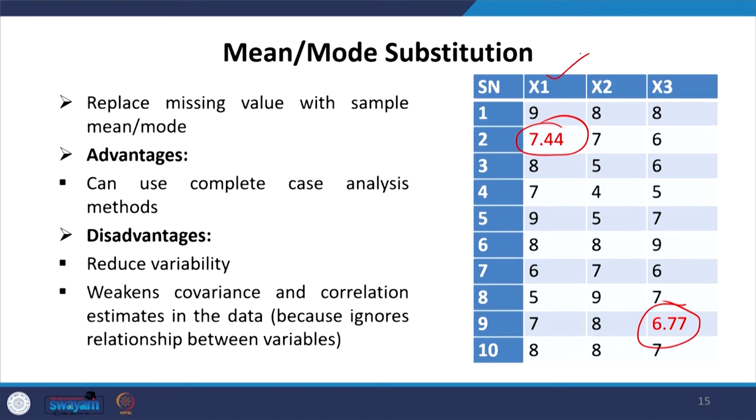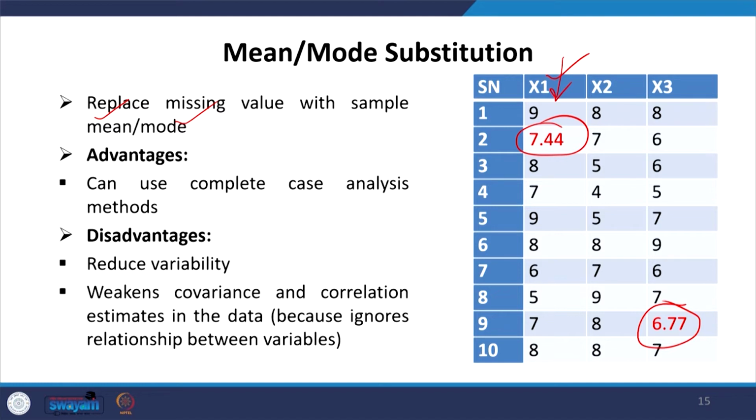If it is a scale variable, it is suggested to go with replacement with the mean value. If it is not a scale variable, if it is a categorical or qualitative variable, in that case it is suggested to go with mode replacement of the missing values.